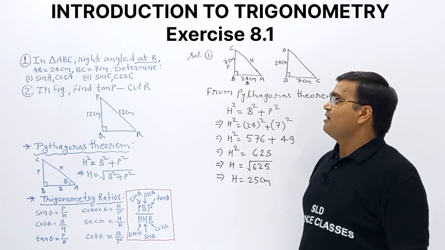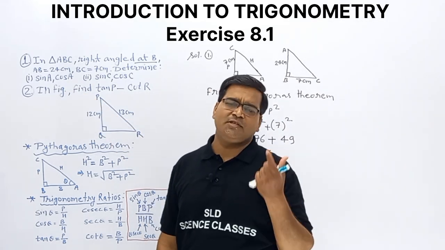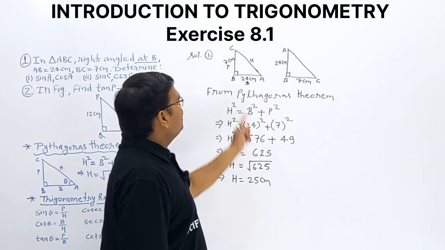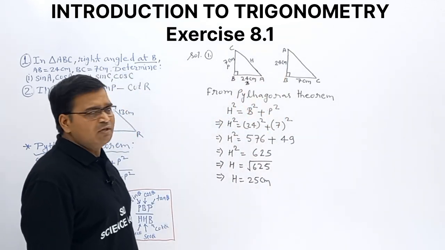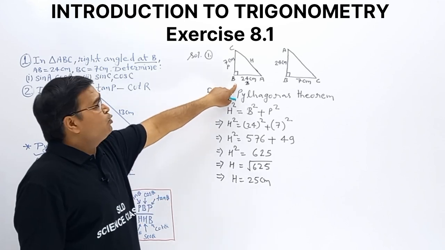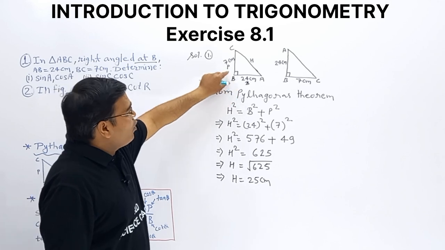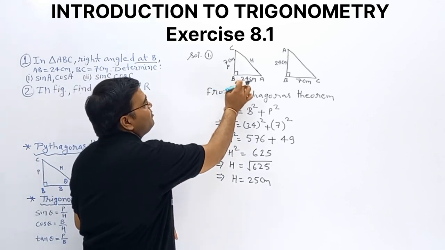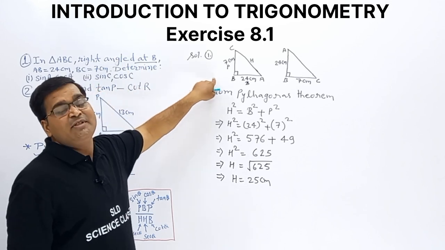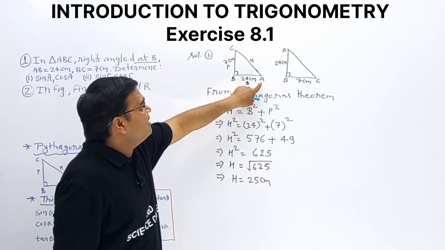Now what is the question? Determine sine A, cos A. Easy question. We want sine A, cos A. Observe in both diagrams. In the starting we drew two diagrams, two right angles. In the question it is given that B is 90 degrees. Right angle at B means 90 degrees. So B is 90 degrees, we can put A there and there.